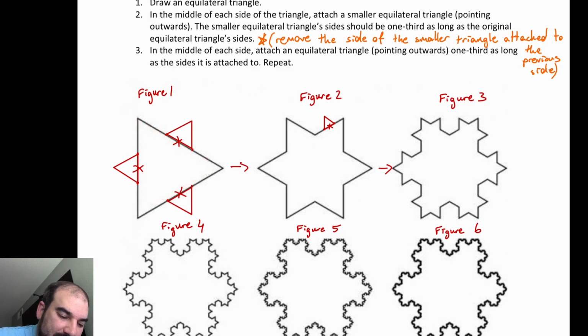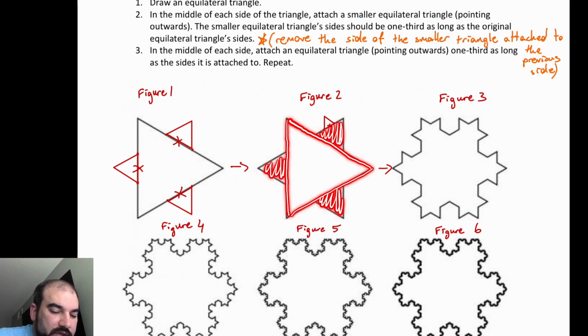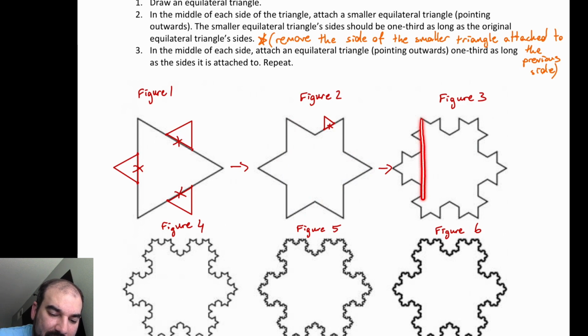But in the second picture, we still have all of that space, right? Because of the way the process works, we still have all of that space. We're just adding more triangles onto the original area. So the area is just going to strictly increase from the first step to the second step. And then in the third figure, we still have that original triangle area.